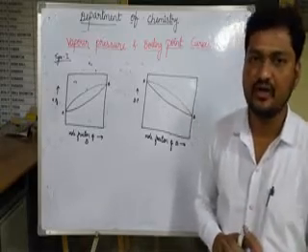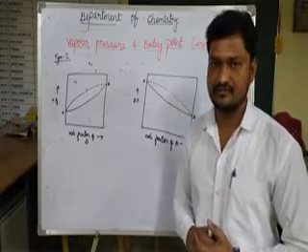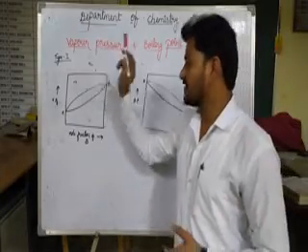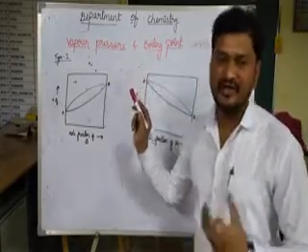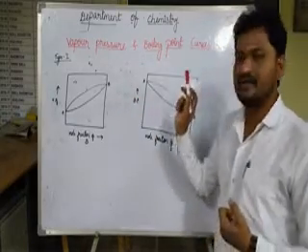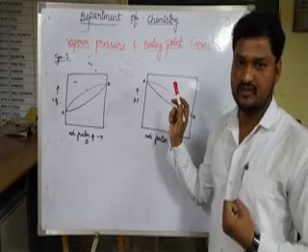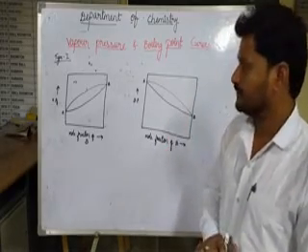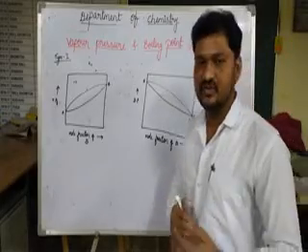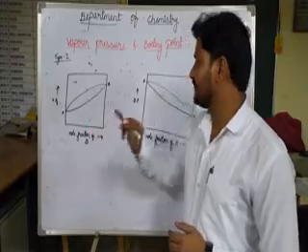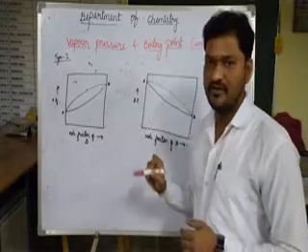And we'll discuss two different curves. One is vapor pressure with respect to composition in a binary mixture, and the second one is boiling point with respect to composition of both components A and B in a binary mixture. So as I told you, vapor pressure is inversely proportional to boiling point.